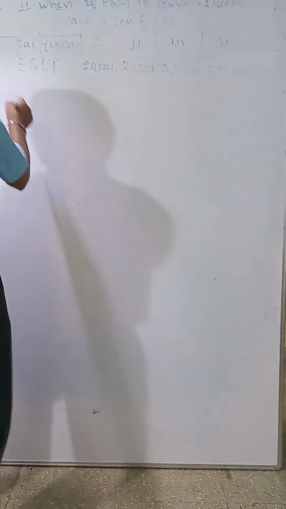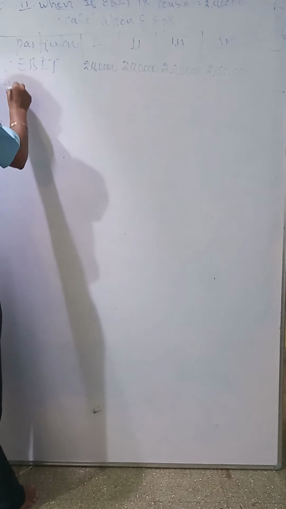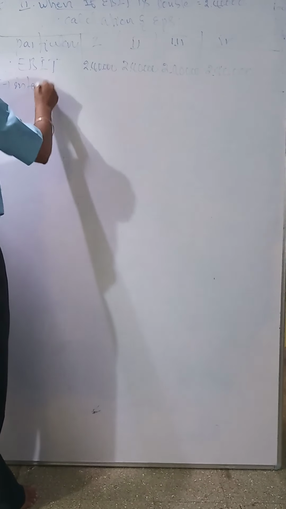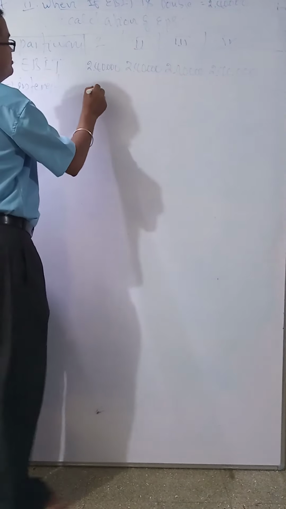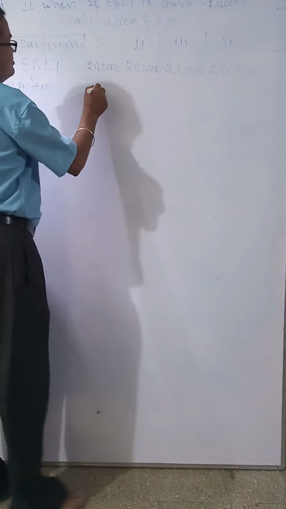Less interest. We already calculated interest: first problem, 50,000; second one, 80,000; 50,000; third one, 80,000. Already done.